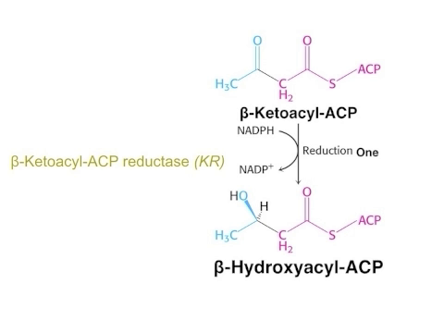Next comes the first reduction. We're going to reduce the beta-ketone in beta-ketoacyl ACP to result in a beta-hydroxyacyl ACP. This happens through the action of the beta-ketoacyl ACP reductase, enzymatic activity of fatty acid synthase. This is abbreviated KR. And again, we're going to use NADPH as a source of electrons for this reduction.